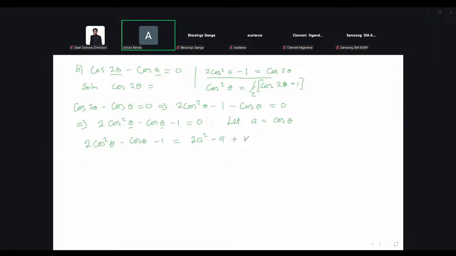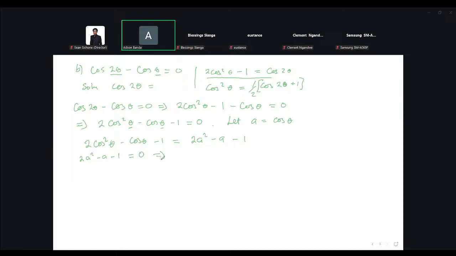So that's how we can write this, so that now the equation that you'll be solving is 2a squared minus a plus 1, sorry, minus 1, not plus. Right, so you have minus 1 is equal to 0.